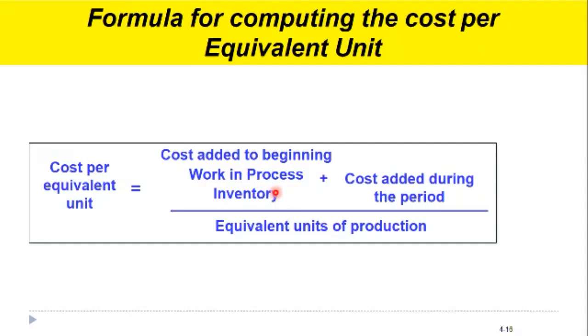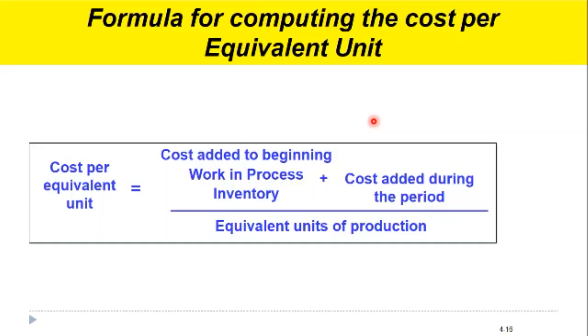What we will include is any other costs that the work in process would incur in order to become completed for that process. We add any other costs for the period. From that, we get the cost divided by the equivalent units of production.